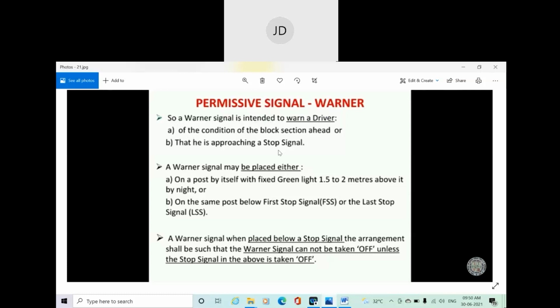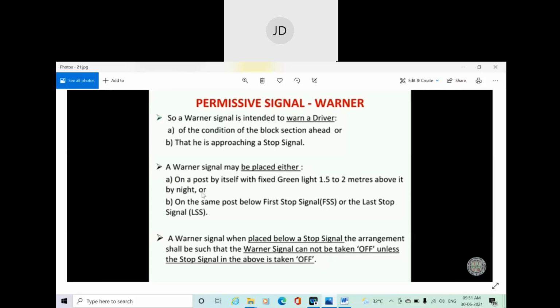Whenever a loco pilot sees a warner signal, he will be informed that there will be a stop signal, or there might be a block section, or he is nearby the railway station. So he has to be ready to reduce the speed.